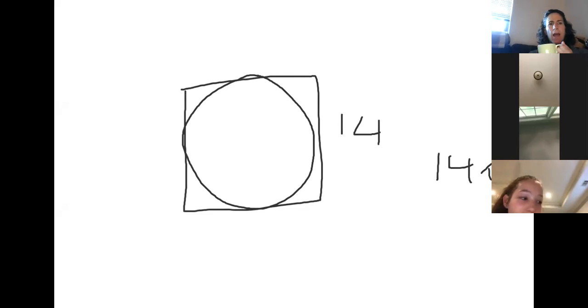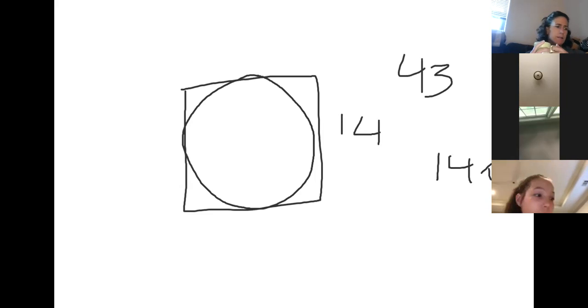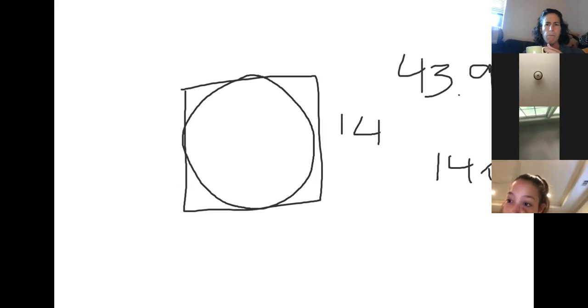When it asks you for an exact answer, it would be what Sandra just put up there, 14 pi units. But if it doesn't ask for an exact answer, multiply it out and give a decimal answer like Sandra's putting up there now, 43.98. So when it says exact, it wants you to include the pi in your answer. And when it doesn't say exact, you can actually give me a decimal. Okay. Can I erase it?